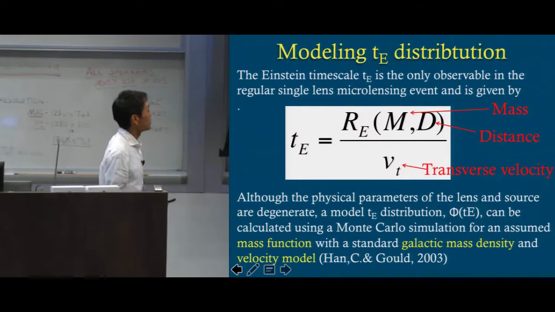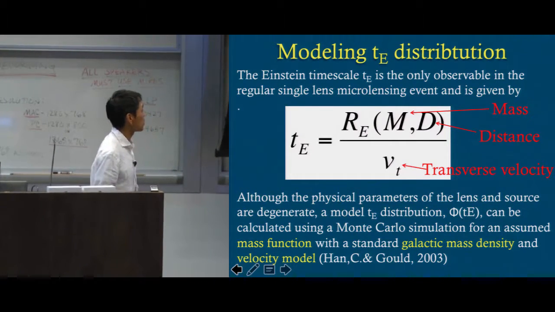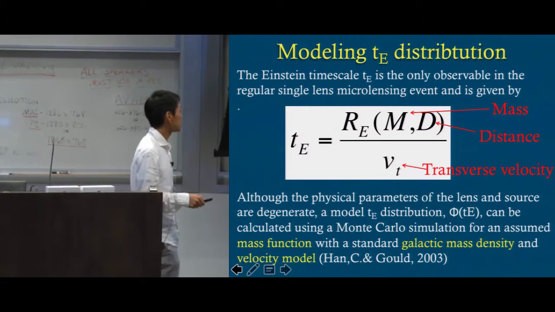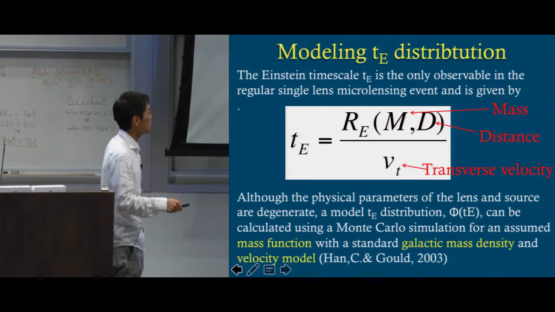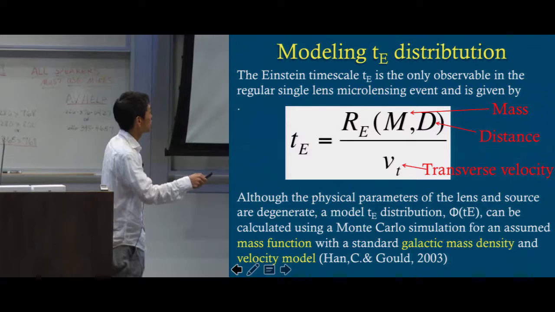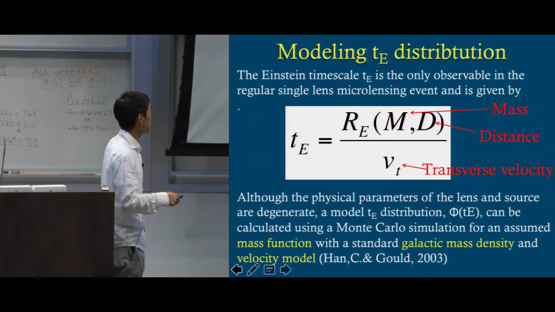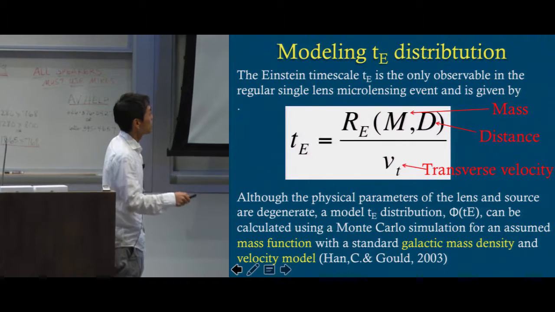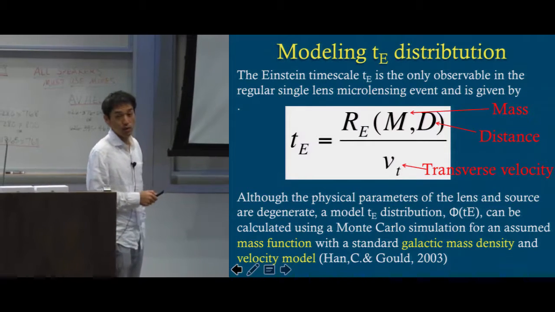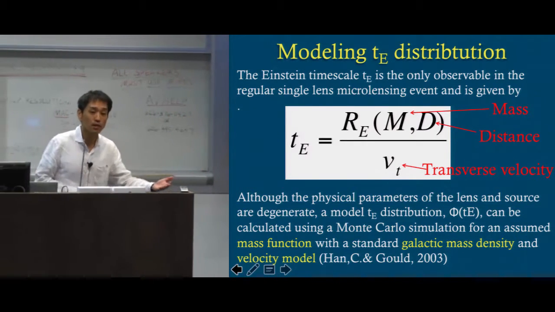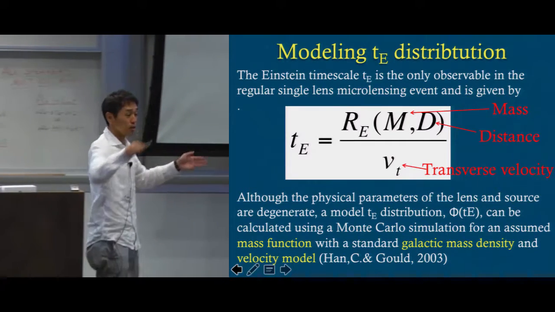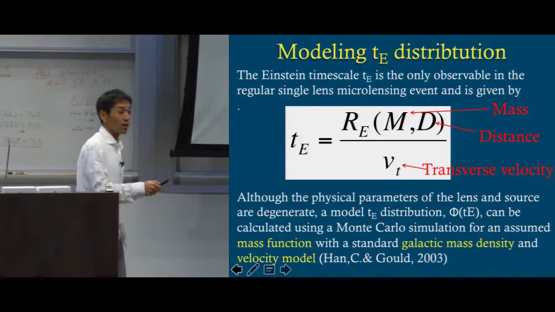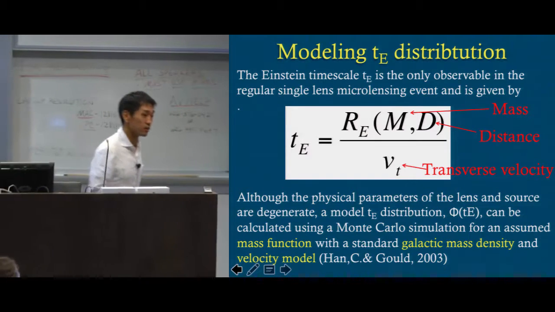So we can model this timescale distribution by using a Monte Carlo simulation, assuming the mass function and the galactic mass density to define the distance, and assuming the velocity model for simulating the transverse velocity. So for each given mass function model, we can create the model timescale distribution by using the standard model of the galaxy.